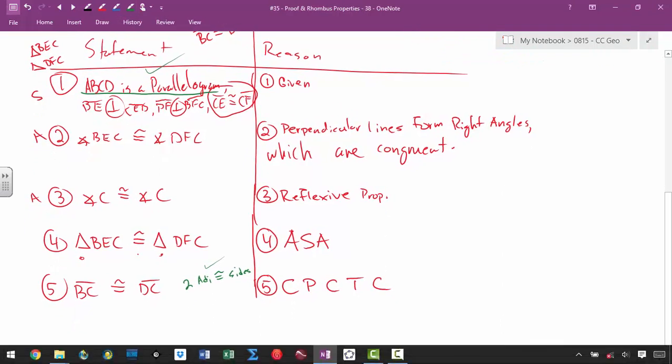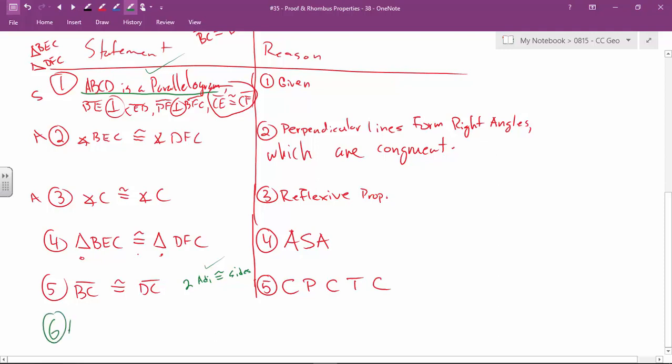So I can say 6, ABCD is a rhombus. And your reason is a parallelogram, because that's what ABCD is, with consecutive congruent sides is a rhombus.